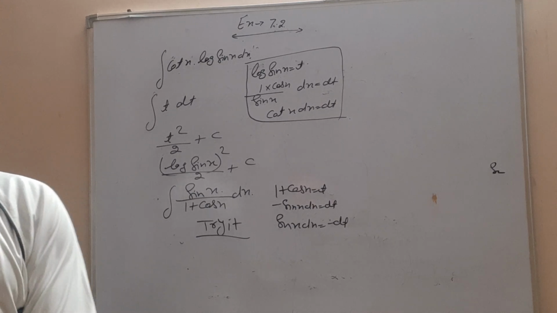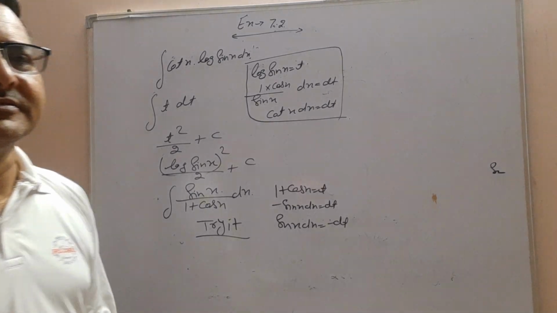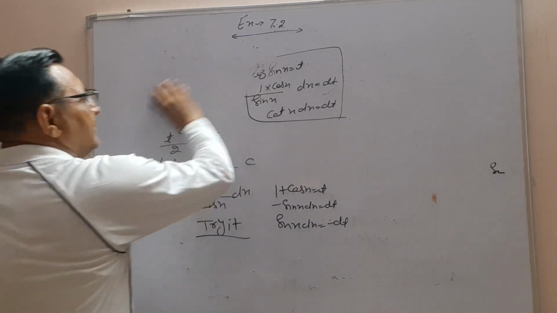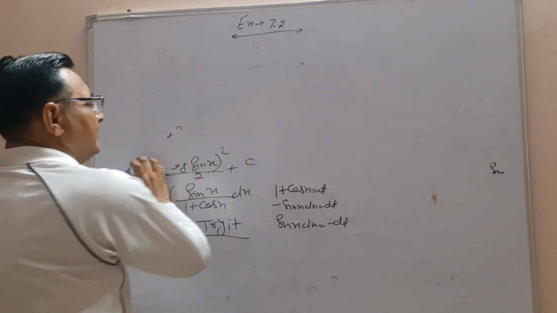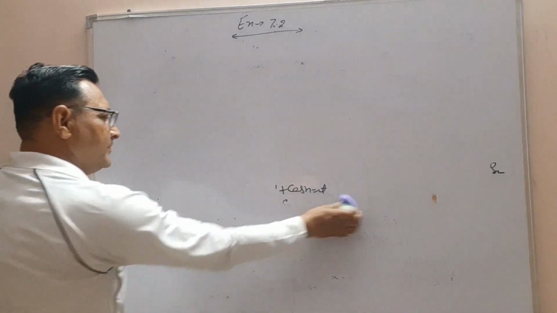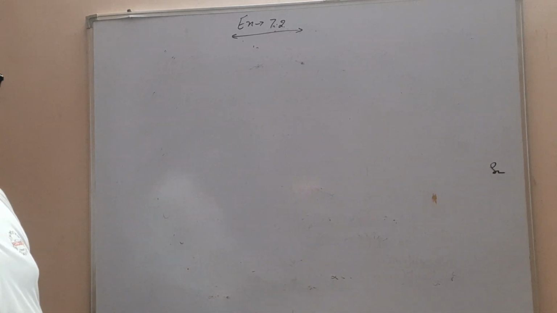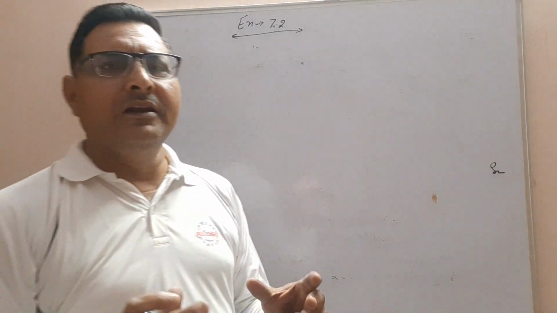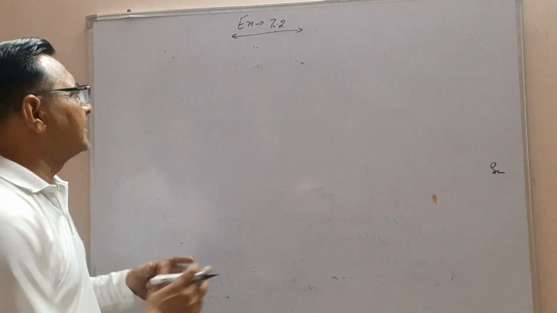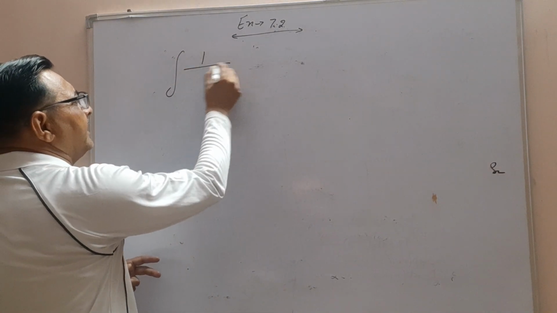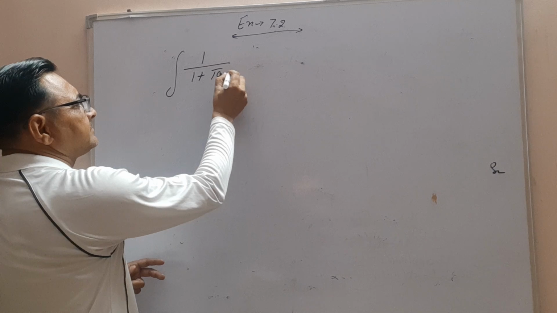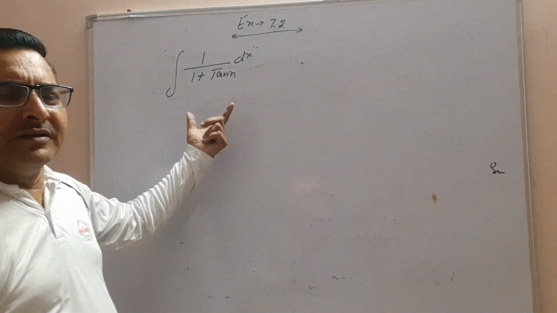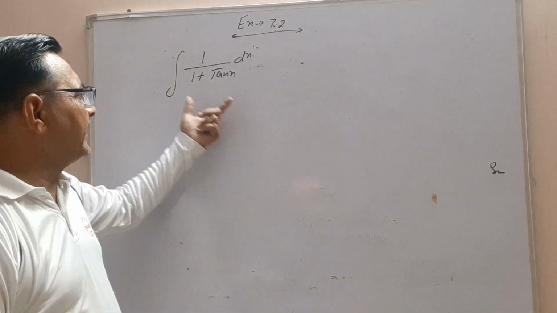Now there are two questions which are very interesting. Both questions are the same. Understand the concept: how will you integrate 1 upon 1 plus tan x into dx? We don't have any formula for 1 plus tan x.